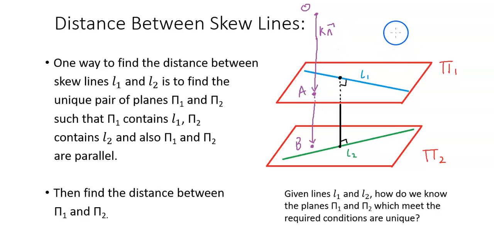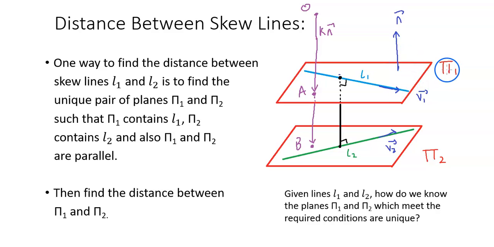Since the planes are parallel to one another, they have to have the same normal vector, and this normal vector has to be orthogonal to the direction vectors of the two lines. So the normal vector has to be some multiple of v1 cross v2.